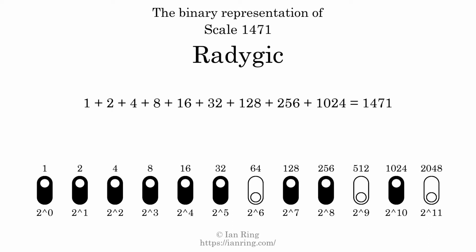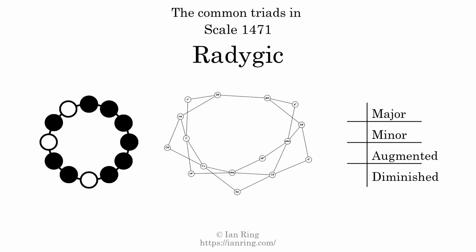That is why the scale number, in decimal, is 1471. The scale number not only enumerates the scale with a unique index, but it also literally describes the tonal content of the scale. Represented as a binary number in base 2, the scale number is 0101101111111.